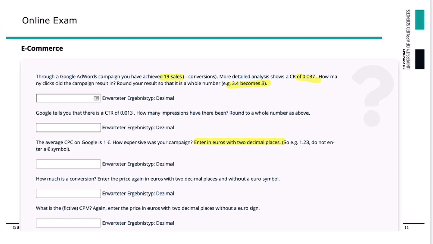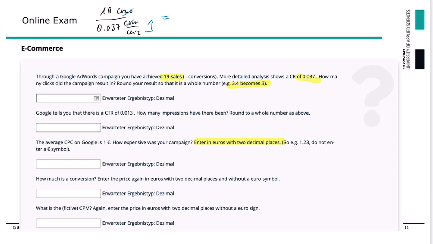It's quite easy. It's 19 conversions, and we divide it by 0.037 conversion per click. Same trick, we can put up the units in here, and I put it in my table calculator. So it's 19 divided by 0.037.